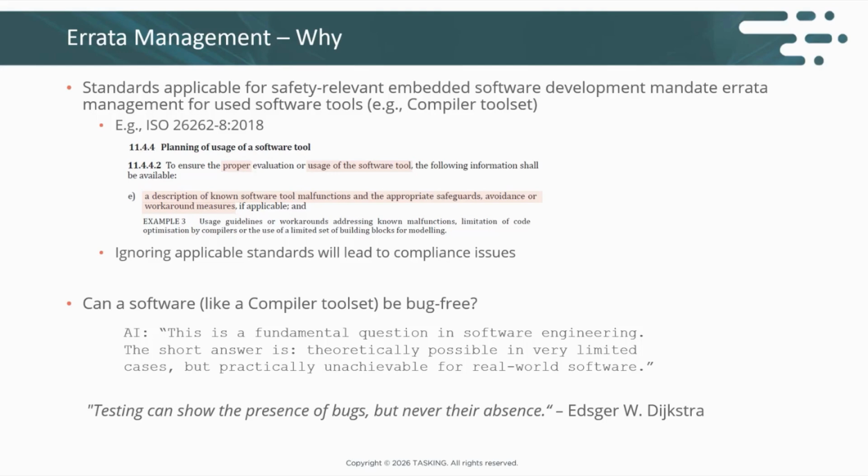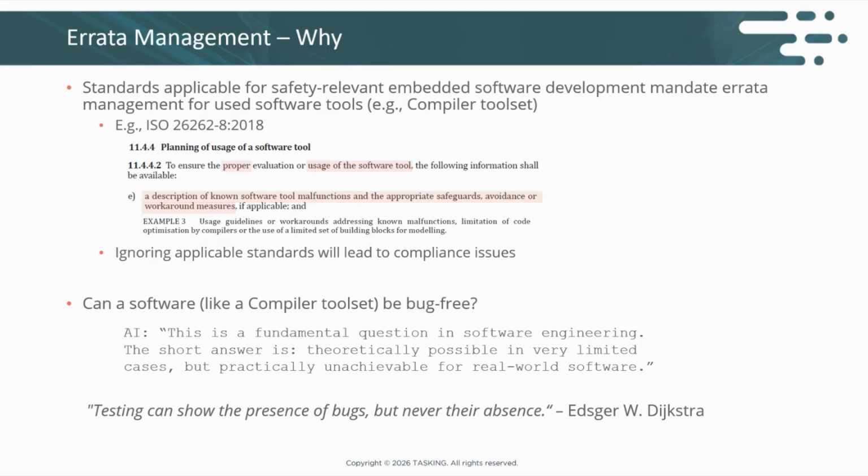Of course, we at Tasking spend a lot of effort to provide you high quality and well-tested compiler toolchains. Nevertheless, this doesn't mean that we can guarantee the absence of any bug in it. The famous quote from Dijkstra is emphasizing this point as well. Hopefully, I was able to highlight the importance of errata management.